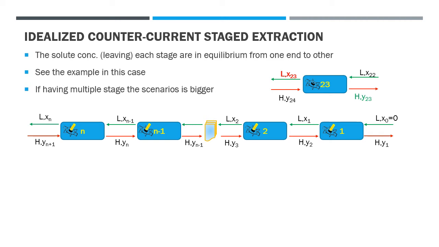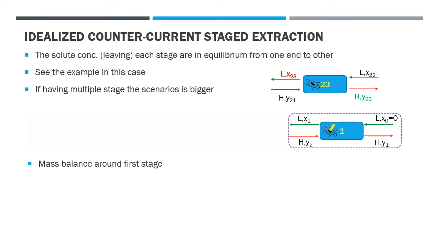Now we'll take one example around the first stage. I will just highlight it. Essentially, the inputs to the stage are x0 equal to 0, the fresh solvent, and y2, the heavy phase, and x1 and y1, the concentrations of light and heavy phase, are the outputs.